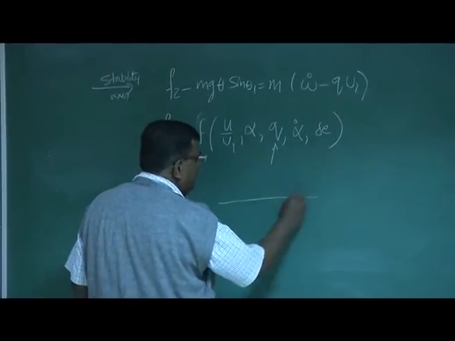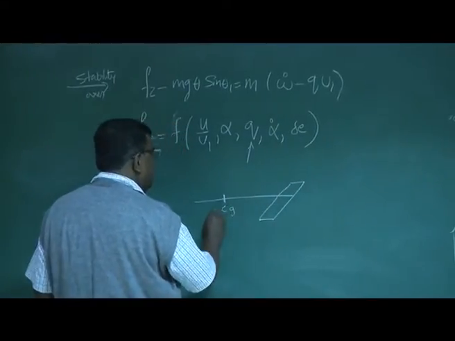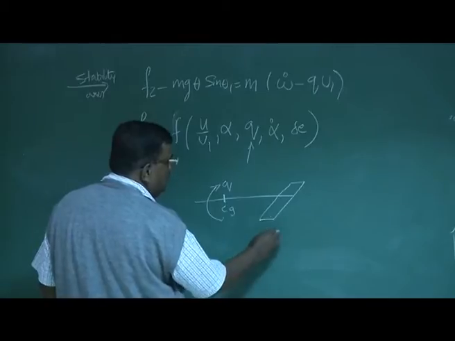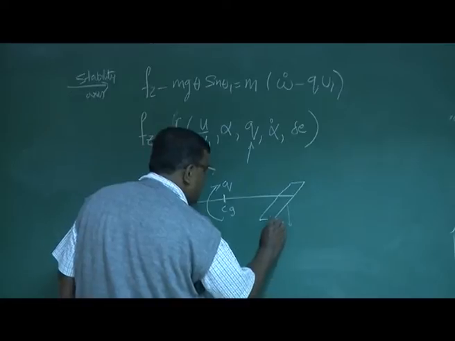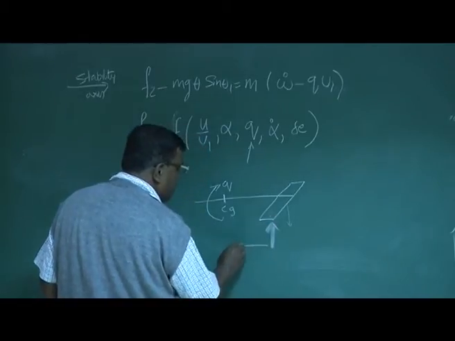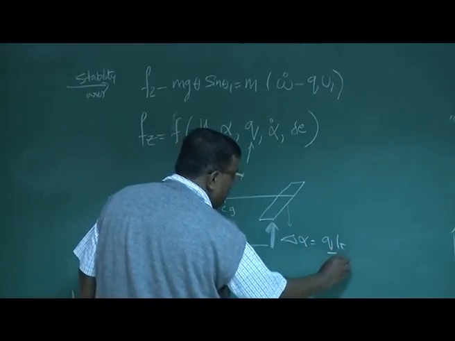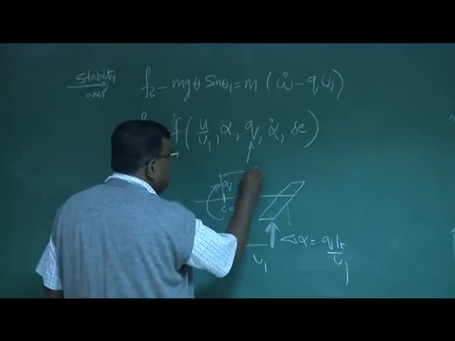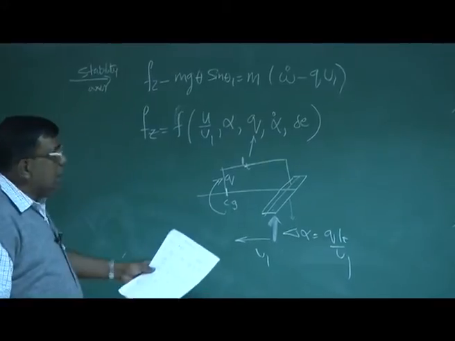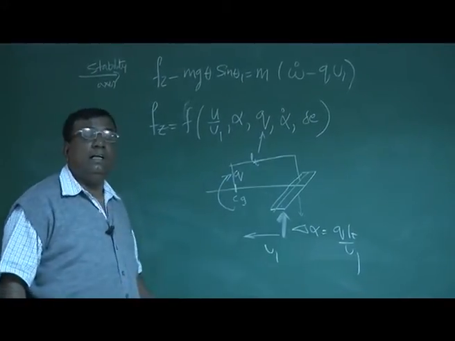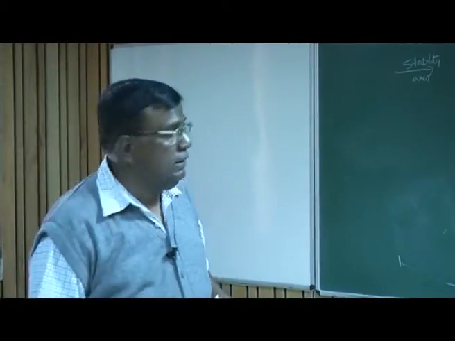If this is the CG, and there is a horizontal tail or a wing, whatever it is, then if there is a q going up like this, the tail is going down, so the relative air is going up like this, and it's moving forward, so there will be a delta alpha, which is q lT by u1. I say lT is the distance between the aerodynamic centers. So this delta alpha will give you a force in terms of lift, and depending upon your z-axis, this will have a component along the z-axis, right?